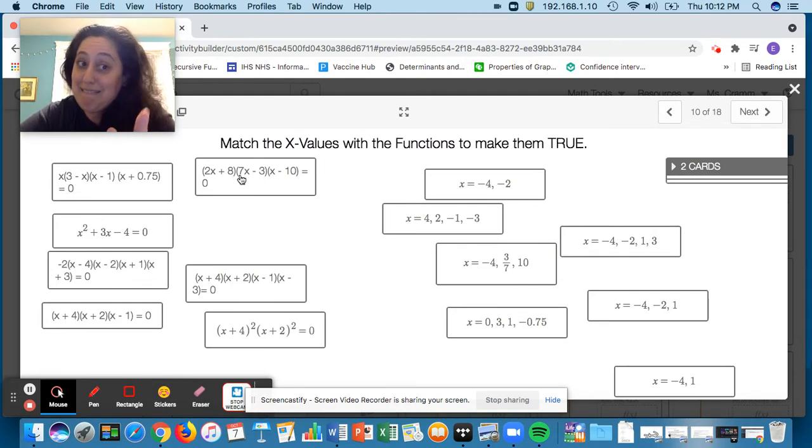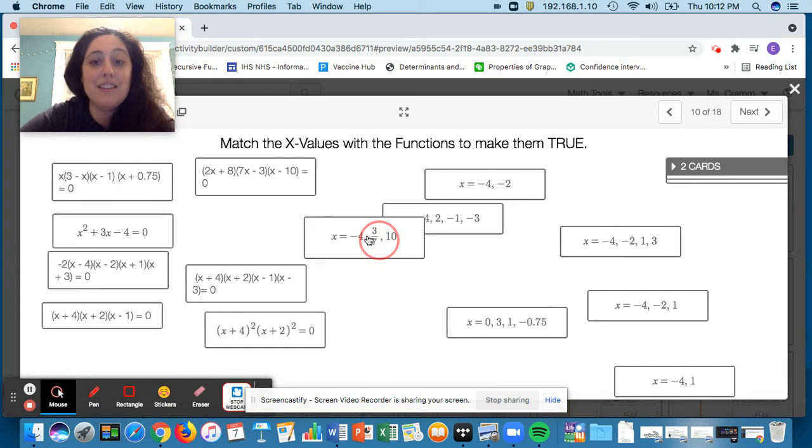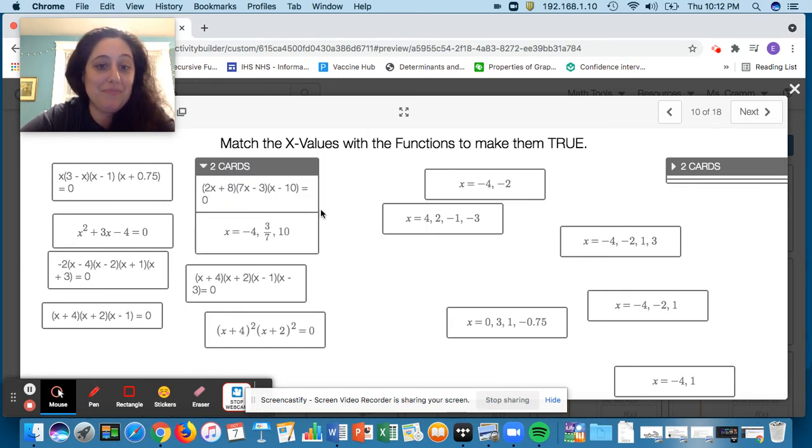Okay, right? So think about it. Remember, here we're looking for a negative number, -4. Here we're looking for a positive number, and I've got subtraction. So here I'm actually looking for a positive number. All right. So -4, positive 10. This looks like a match, right?